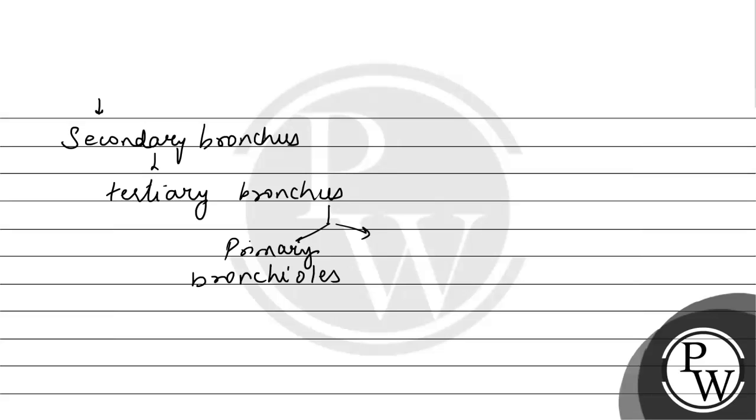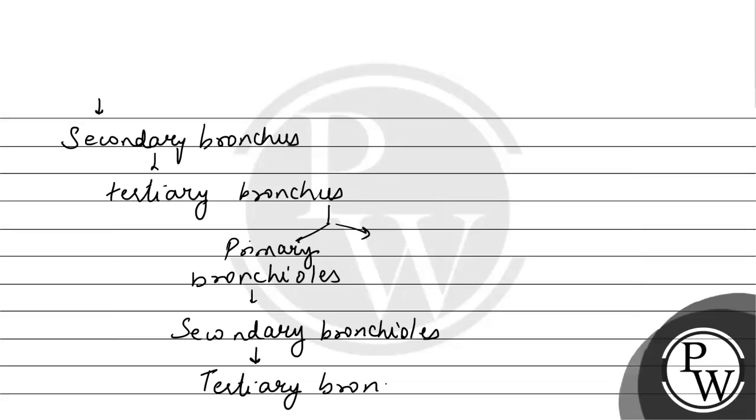Actually this division takes place in both sides of the lung, right and left. Then primary bronchioles divide into secondary bronchioles and then into tertiary bronchioles. Then the bronchioles end into alveoli.